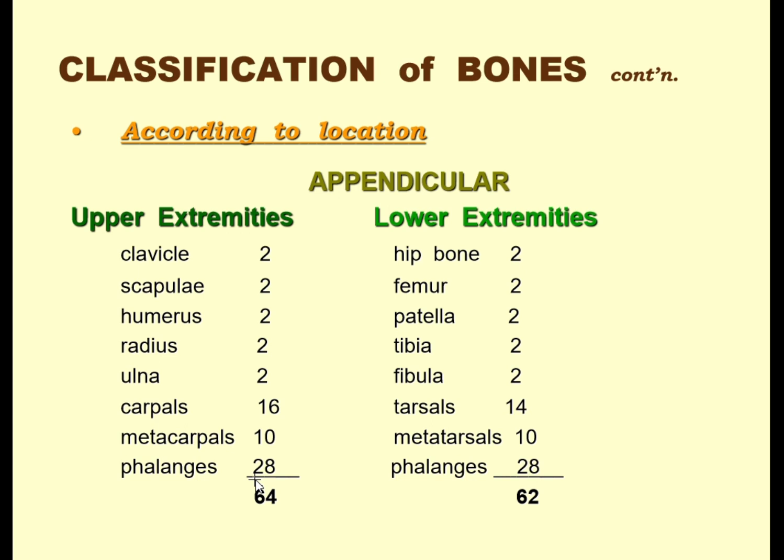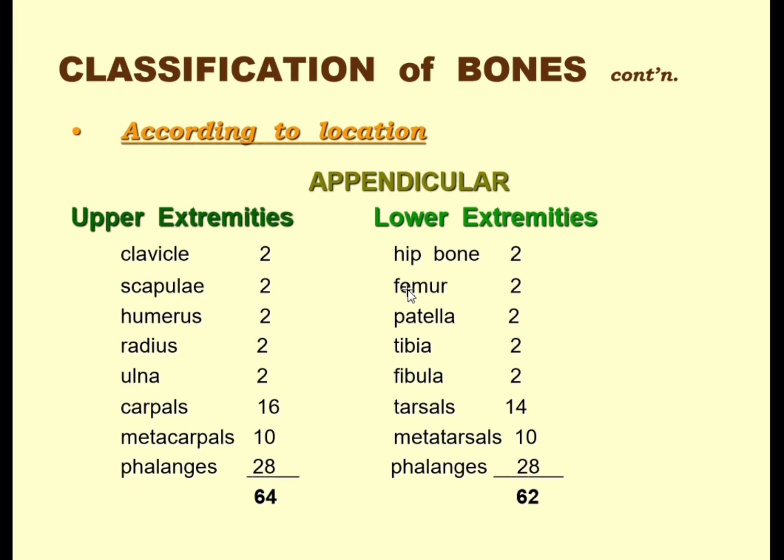Then in the lower extremities, 62 bones are present. The hip bone is 2 bones, femur 2, patella 2, tibia 2, fibula 2, tarsals 14, metatarsals 10, phalanges 28.